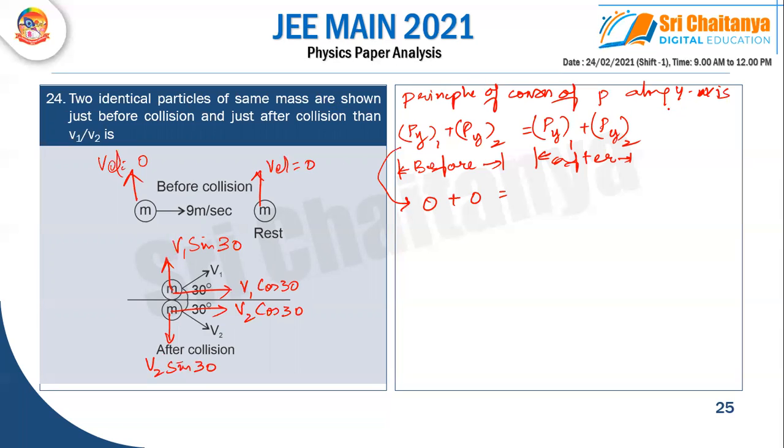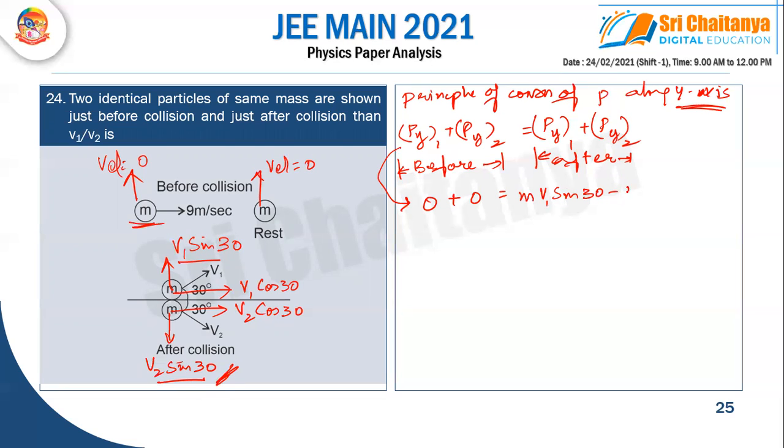We are concentrating on the y-axis, so I'll consider v1 sin 30 and v2 sin 30, with mass m given. So m v1 sin 30 minus m v2 sin 30, minus because this is downward.